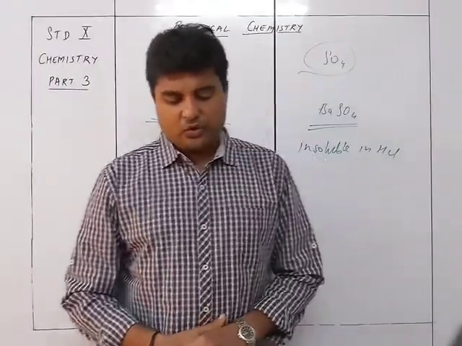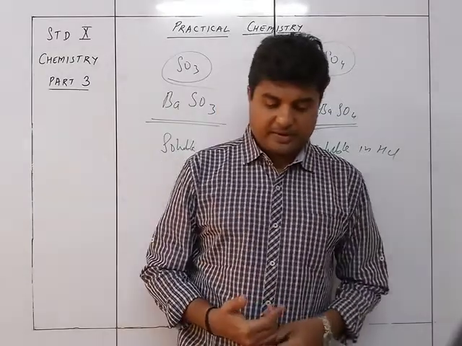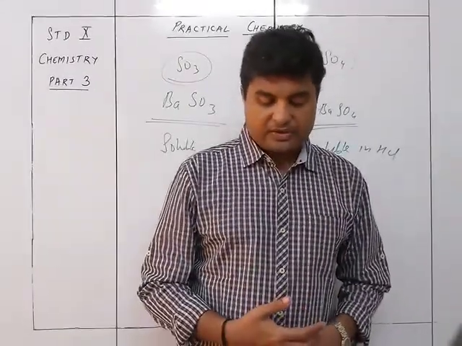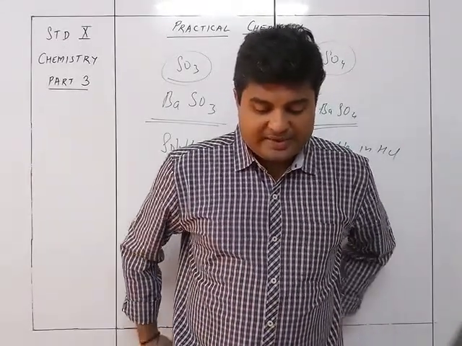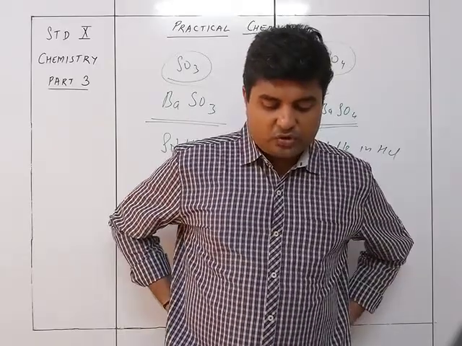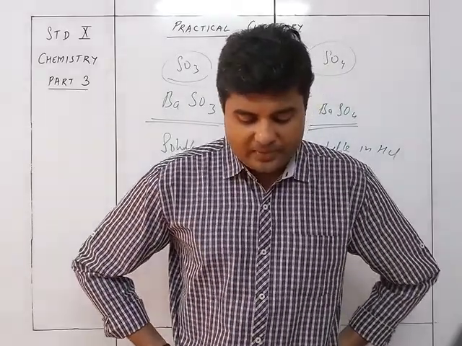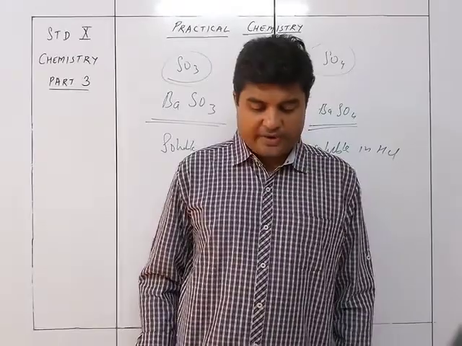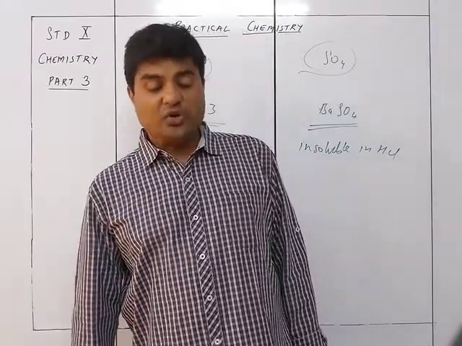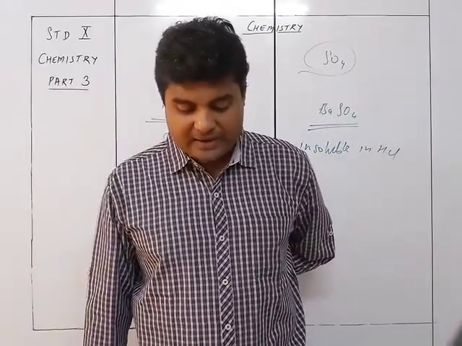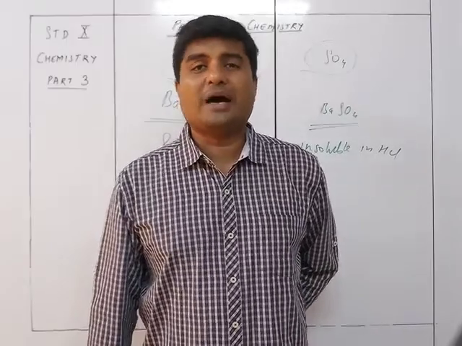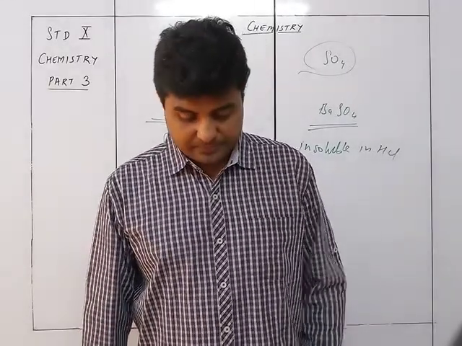Na2SO4 plus BaCl2 gives BaSO4 white precipitate plus 2 NaCl. BaCO3 and BaSO3 are soluble in dilute HCl, but BaSO4 is insoluble. Hence SO4 2 minus is distinguished from carbonates and sulfites.